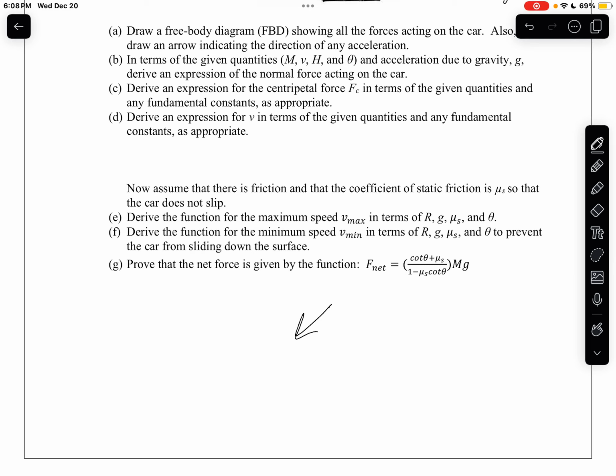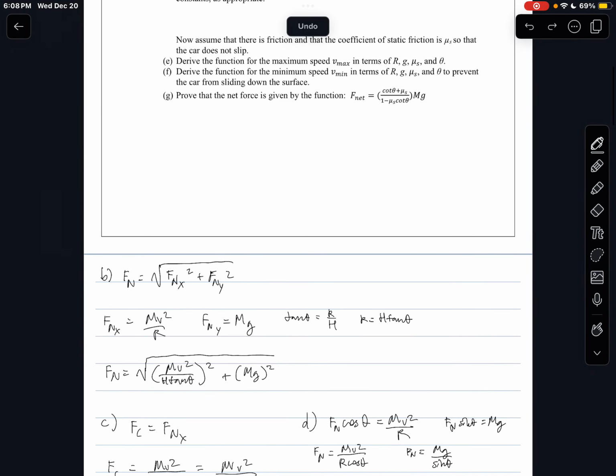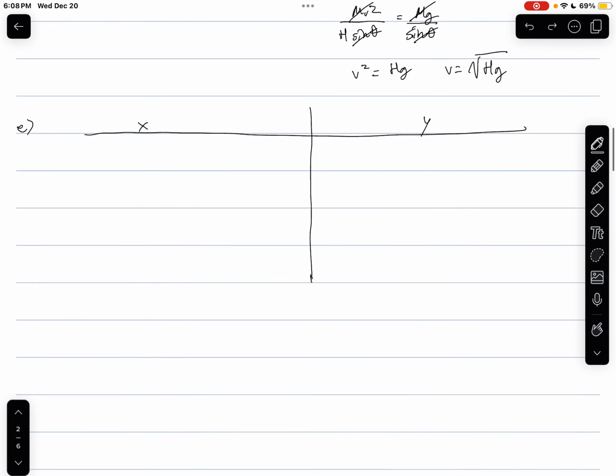You need both the FSX and FNX to point toward the center for the car to not slip. So that's why for Vmax, FS is going to point down, which is going to affect the signs.